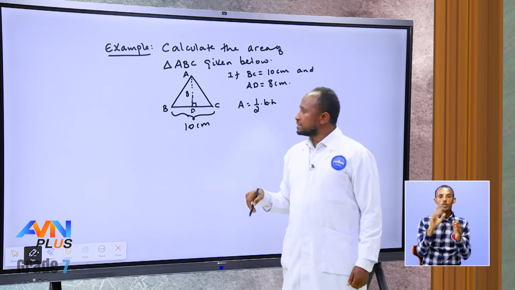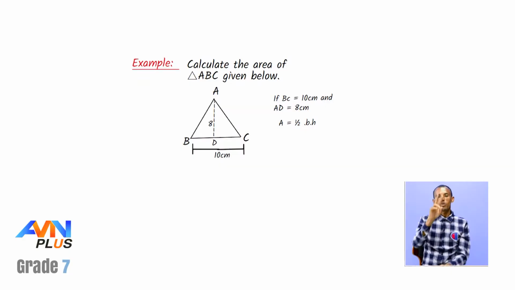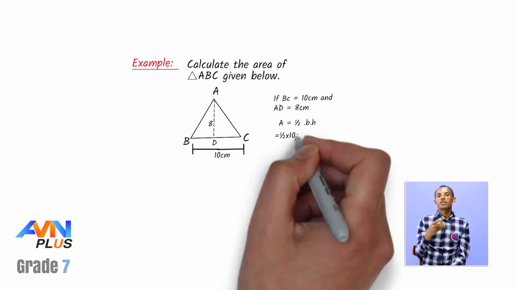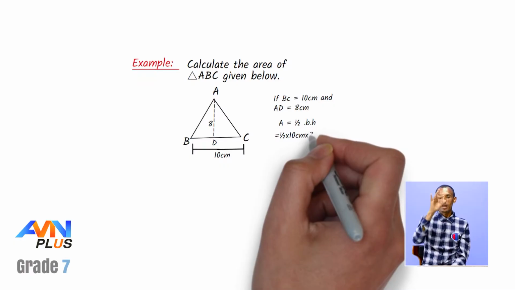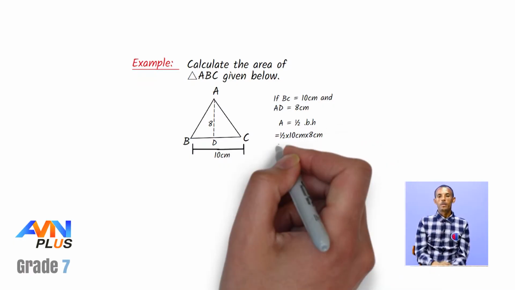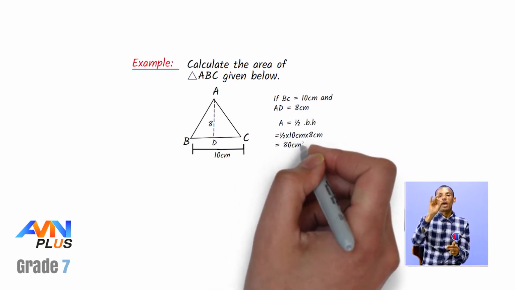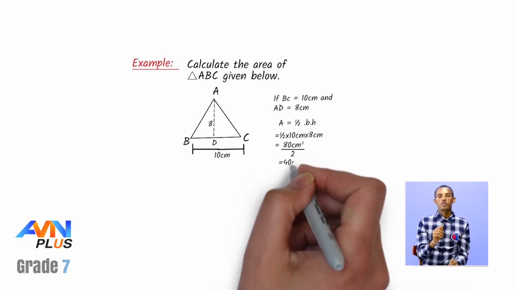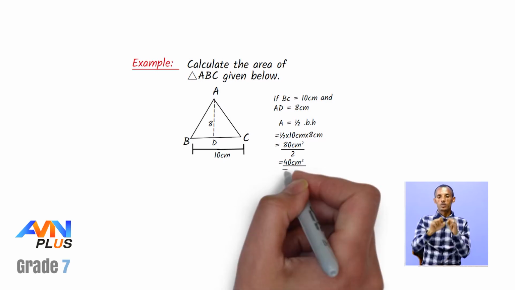Therefore, to calculate the area, simply base times height divided by 2. Therefore, its area will be half times the base, 10 centimeter, times the height, 8 centimeter. Therefore, 10 times 8 is 80, centimeter times centimeter will be square centimeter, divided by 2. You will have 40 square centimeter. So this will be the answer.